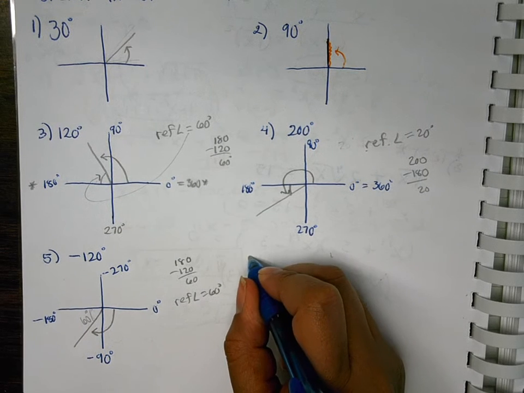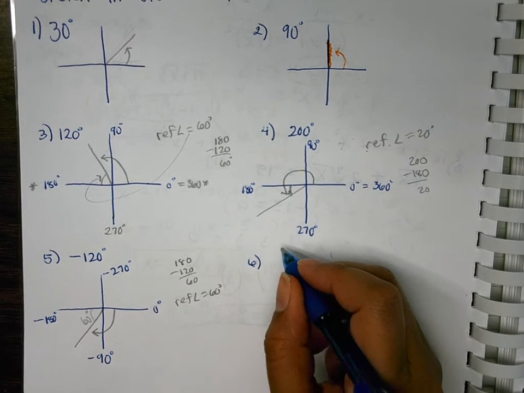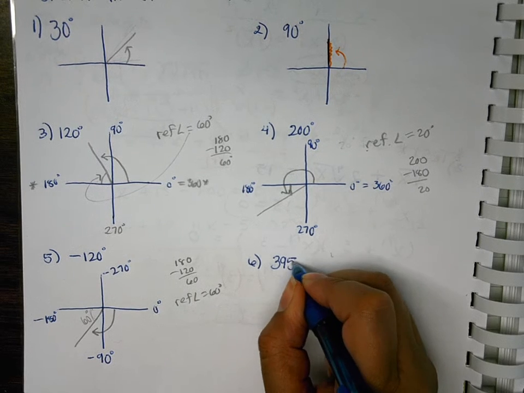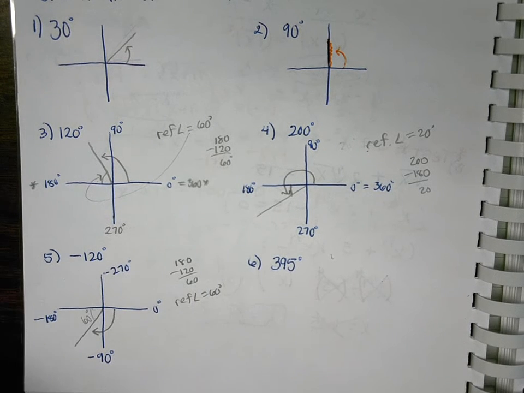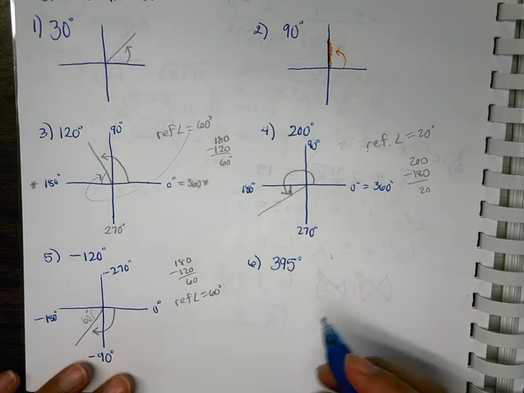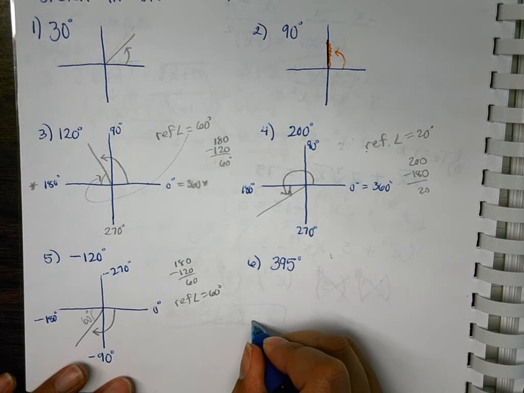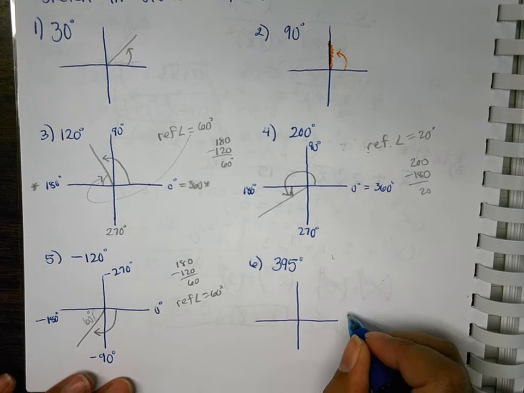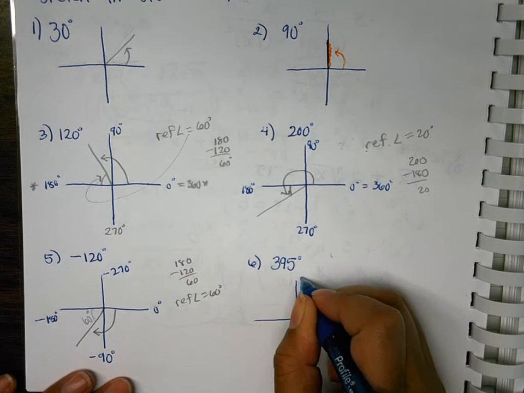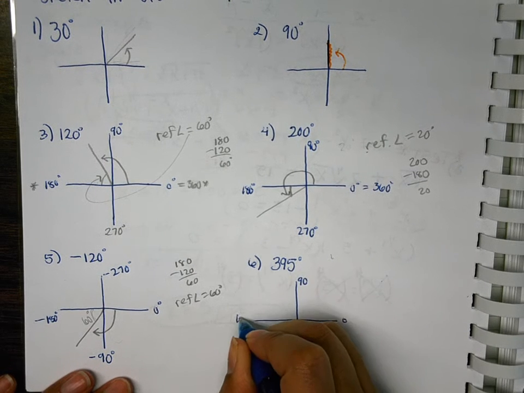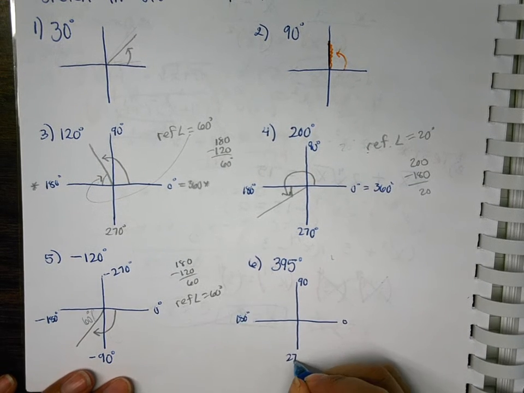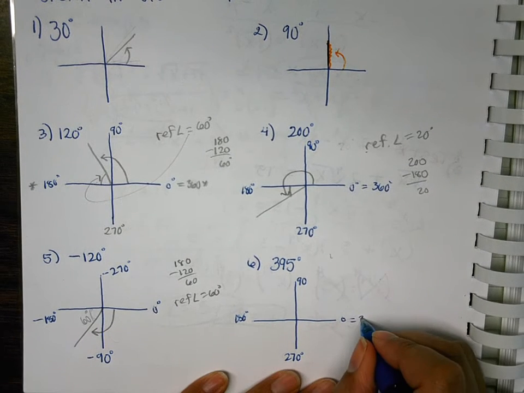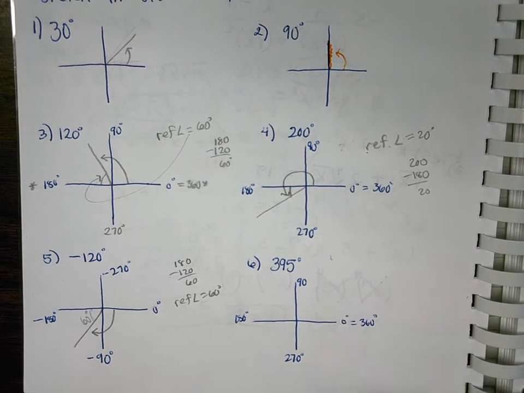Number 6, 395 degrees. How is this one a little different? We're going to go around more than once. Good, it's really big. Okay, it's positive, so 0, 90, 180, 270, and this again is 360.